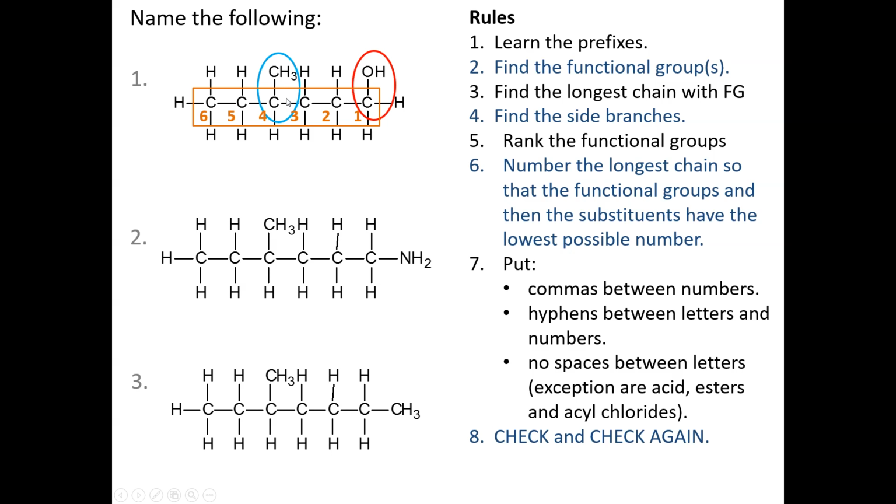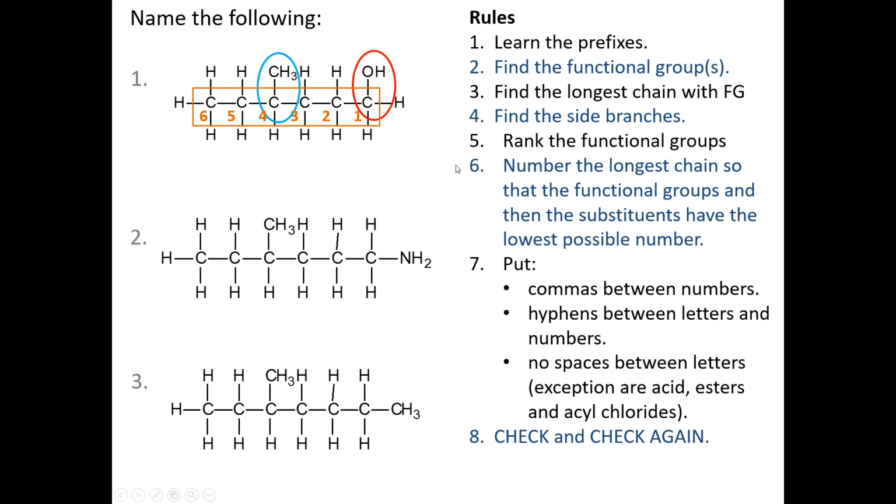And then you look for any side branches, and you number that parent chain so the number is the lowest possible one for that functional group. If there's more than one functional group, then you have to do priority ranking, and that will be done in a different video. And now you put it all together by using commas between numbers, hyphens between letters and numbers, and no spaces between the letters.